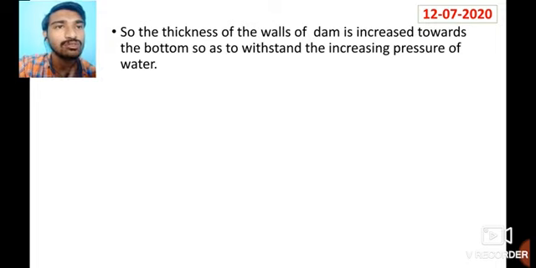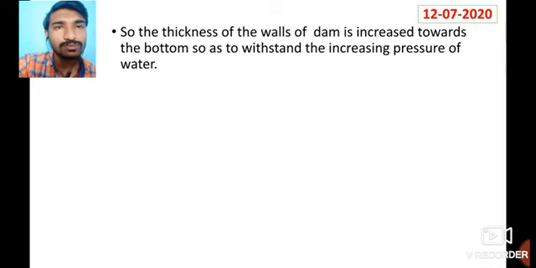The thickness of the walls of the dam is increased towards the bottom so as to withstand the increasing pressure of water. That means when the pressure is exerted by the water, you already know that the pressure will be more at the bottom. In the liquid the pressure is exerted in all directions, but the pressure will also be more at the bottom.